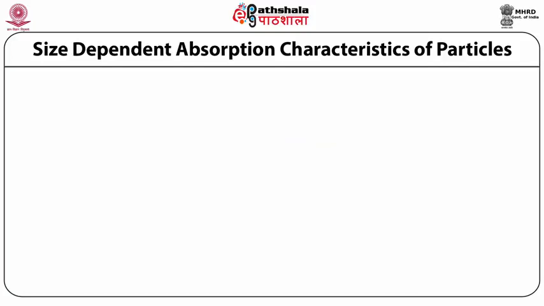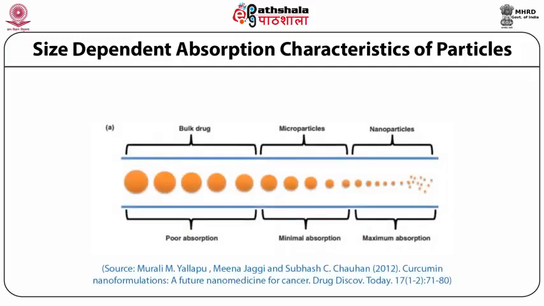How does that happen? When we say nanoformulations, we are talking about reducing the size within a certain range. The FDA has classified that range from 1 to 1000 nanometers for food particles. The image shown here shows the size-dependent absorption characteristics of particles. The larger the size, the poorer the absorption.